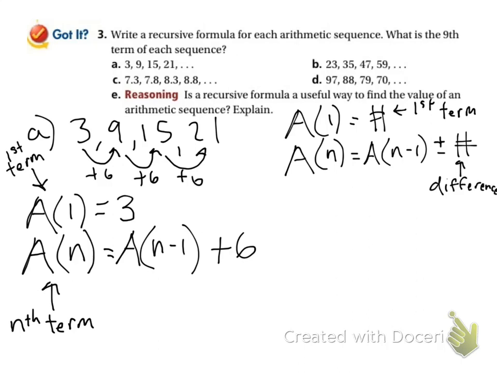So when you are writing this, every single time, this will be the same. You change this number, and you change this plus or minus number. So let's say it's going down by 2, it'd be minus 2. It's going up by 10, it'd be plus 10.